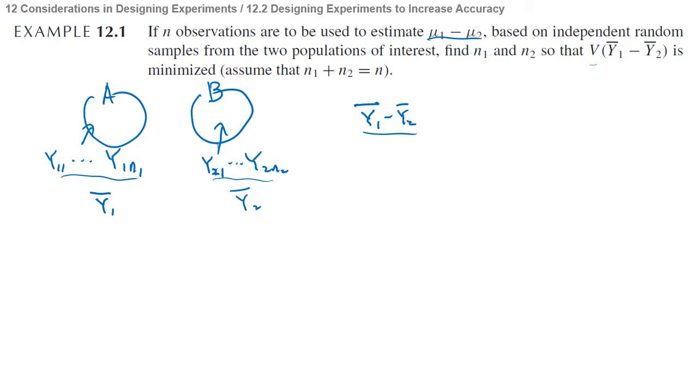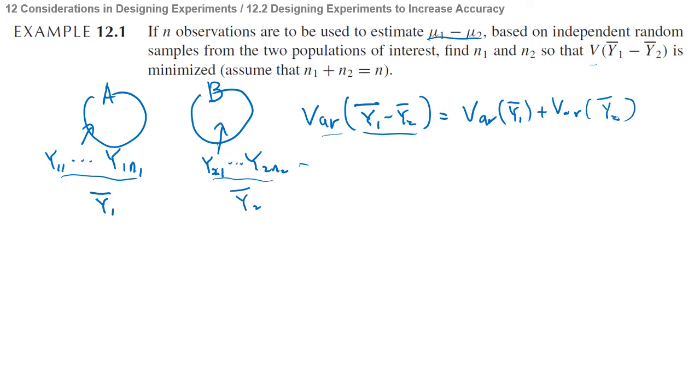So we would like to look at the variance of y1 bar minus y2 bar. Since these are independent samples, this becomes the variance of y1 bar plus the variance of y2 bar.